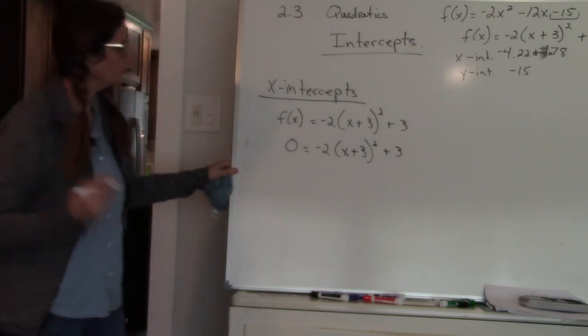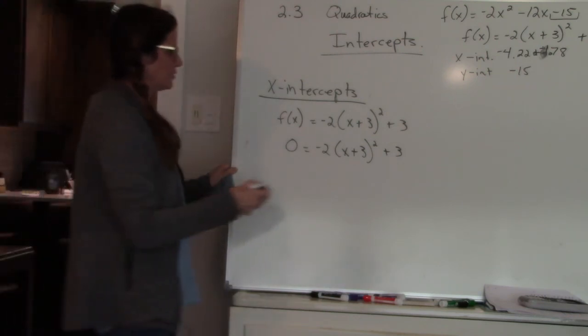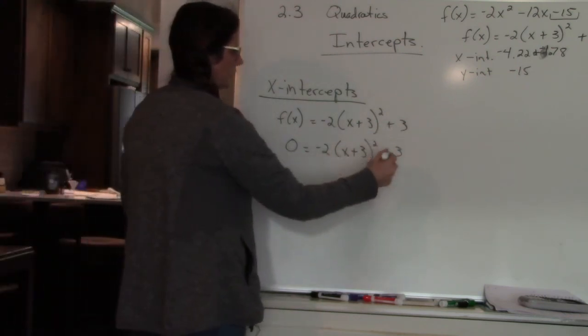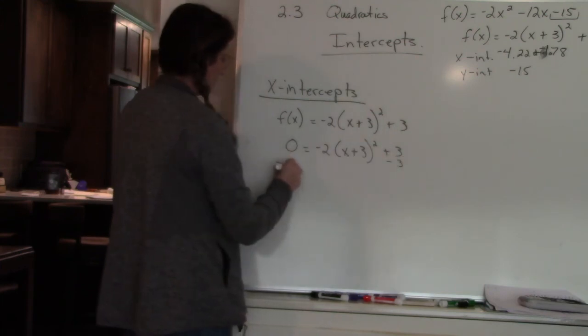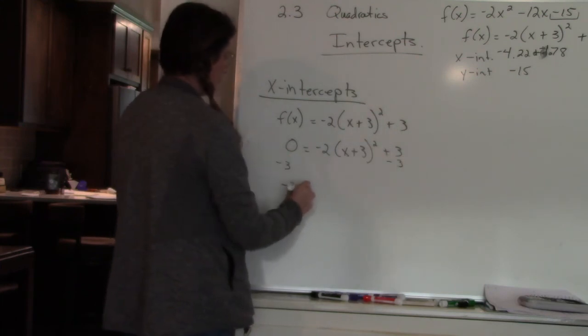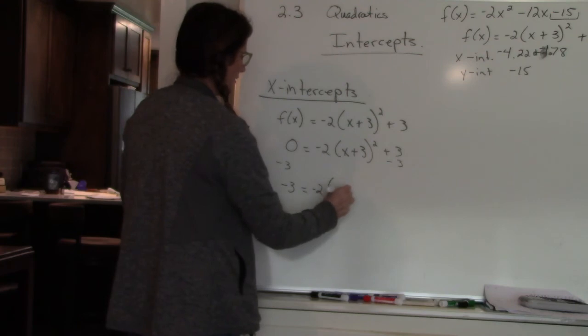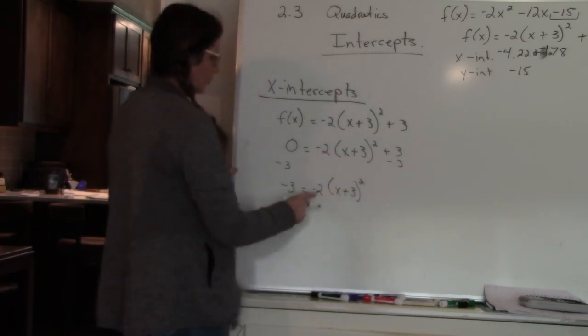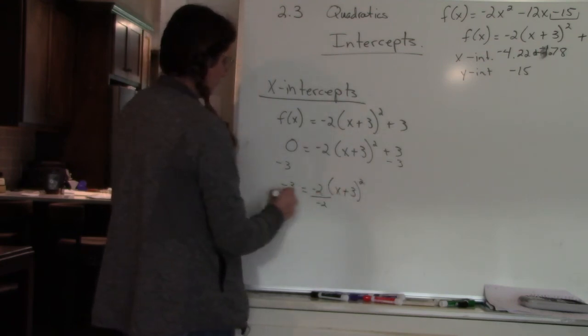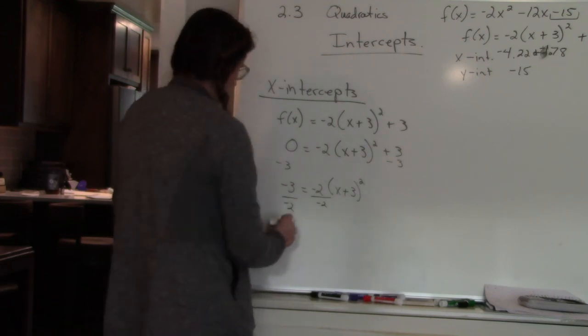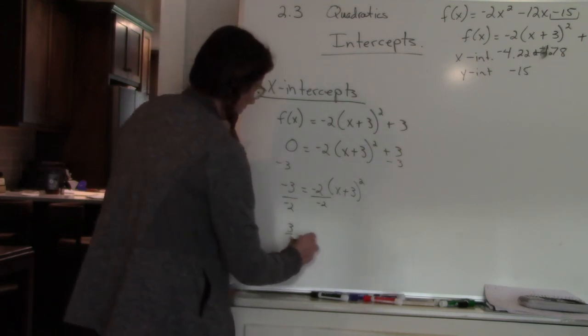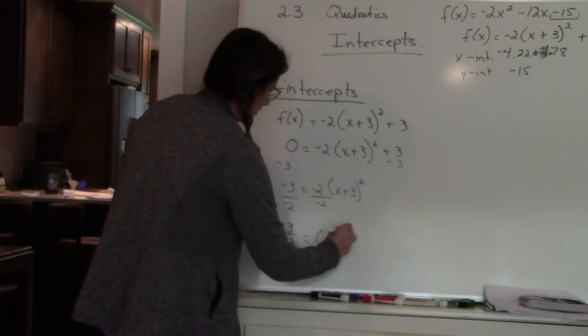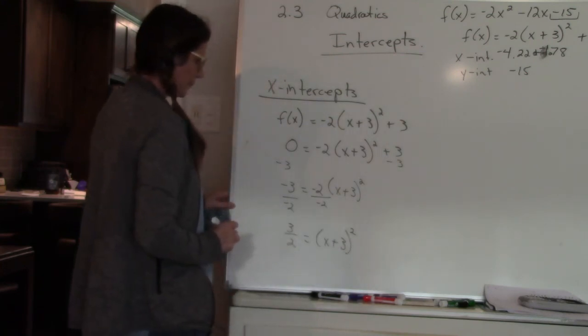Okay, so we're going to solve for x. So we're going to start peeling things off. So we're going to get rid of the 3 by subtracting 3. So we have negative 3 equals negative 2 times x plus 3 squared. We're going to get rid of this negative 2 by dividing. So we end up with 3 halves equals x plus 3 squared.